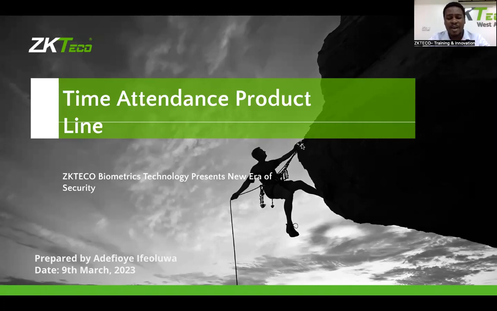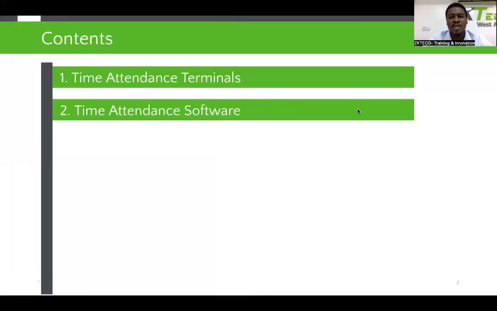I'll be taking you through the different categories of these products, so that when you want to make a recommendation for your client as an installer, or when you as a client need a product that will support your attendance functionalities, you'll be able to know what kind of product you want based on certain parameters. So first, we'll be talking about the terminals, the products themselves, then we'll talk about the three softwares that these products can support.